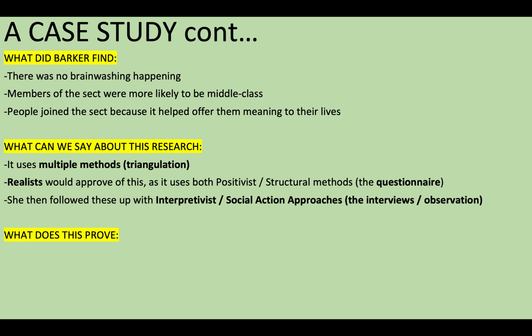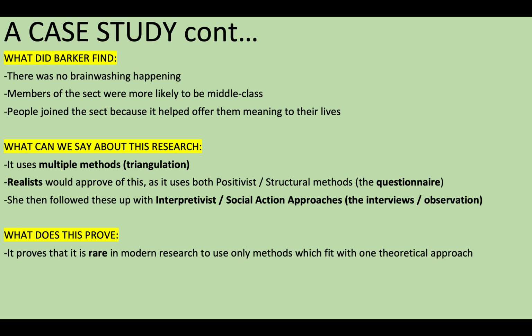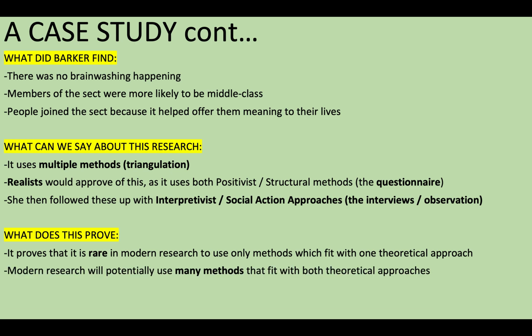So what this proves is that it's very rare in modern research to use methods which only fit with one theoretical approach, as in positivism, interpretivism, structural, social action. It's very rare to just use the one. Modern research will generally use many methods which fit with both. That then satisfies goals of both positivists and interpretivists.